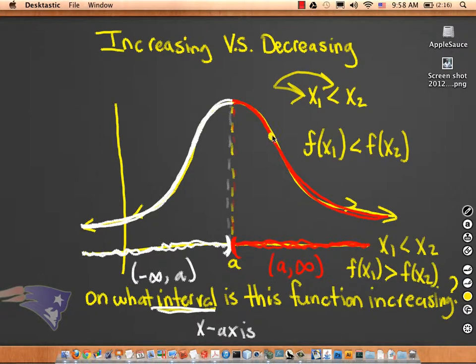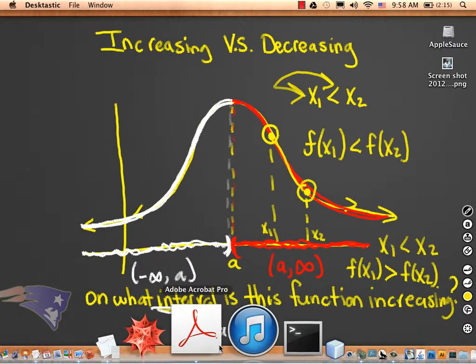Here's a point right here on the graph, so here's x1, and here's another point on the graph, x2. Is the function value here larger than the function value here? Yes. So f of x1 is larger than f of x2, so it's going down. That's how I know that it's decreasing. Okay?